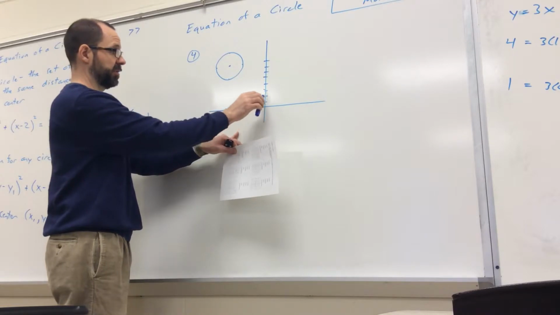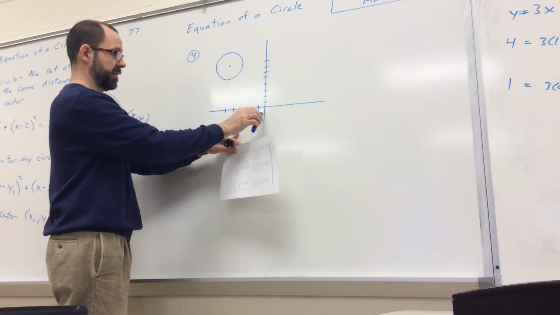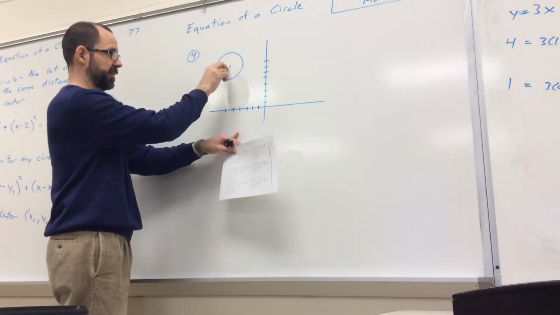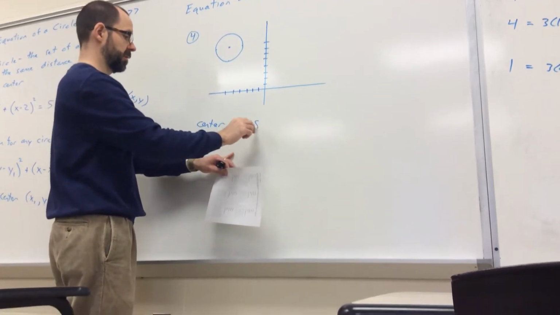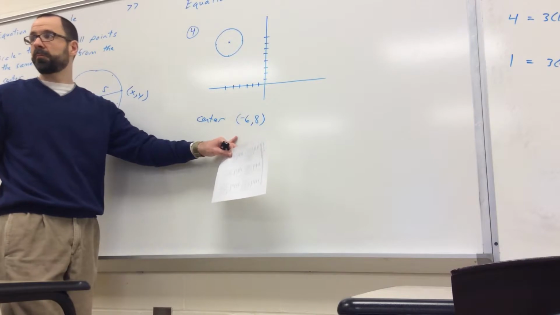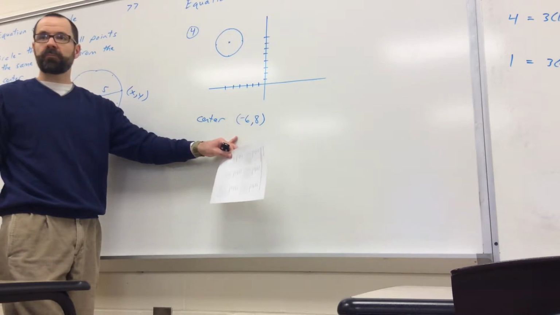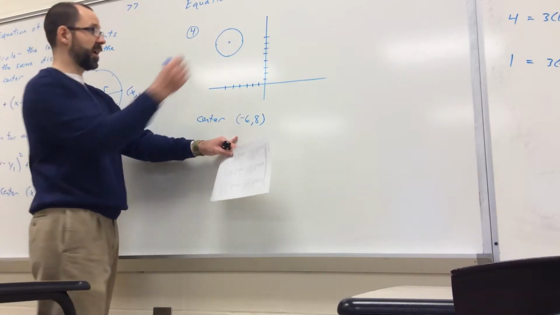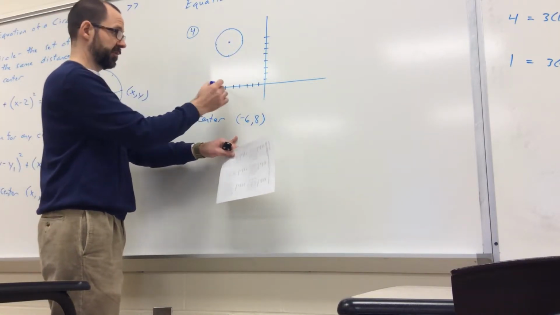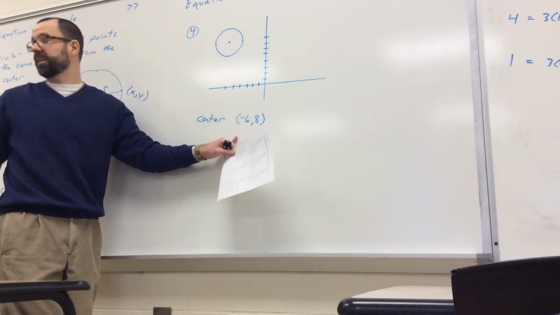And then 1, 2, 3, 4, 5, 6, 7, 8. So it's -6, 8 to get to the center. So that's not hard at all. You just look at the graph, find the center of the circle, and then count what point it is.